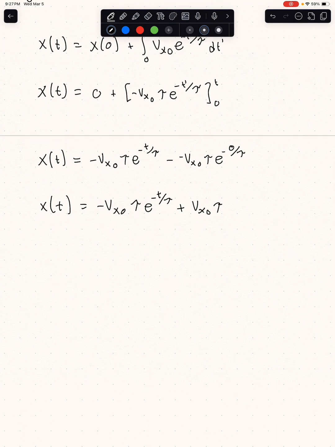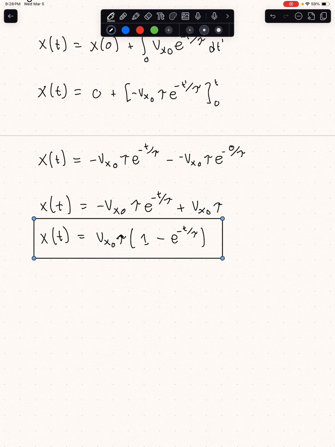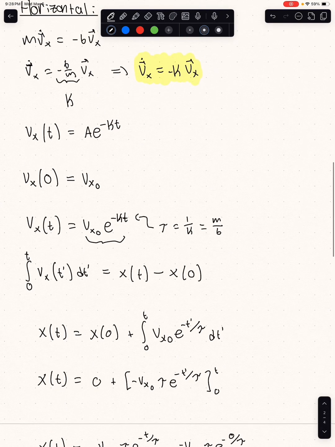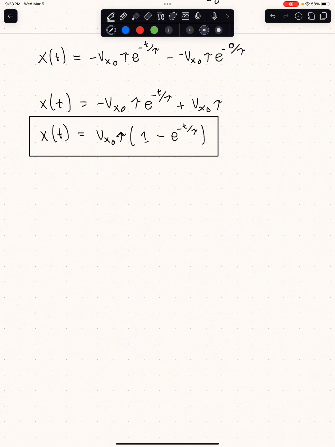We can factor out a vx naught tau, and then we'd have x equal to vx naught tau times, this guy goes to 1, and then factoring out a vx naught tau of this, minus e to the negative t over tau. Cool. Here we have solved the horizontal position as a function of time given our air resistance, our drag force.